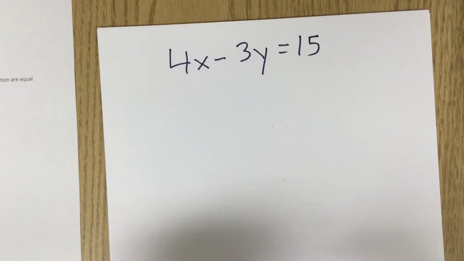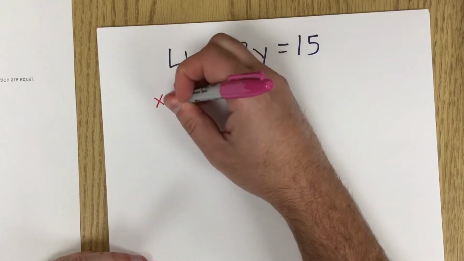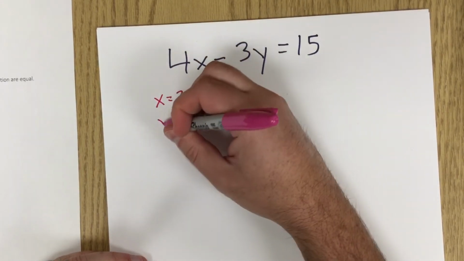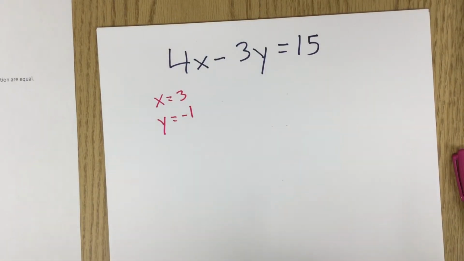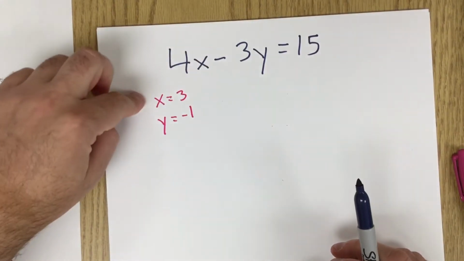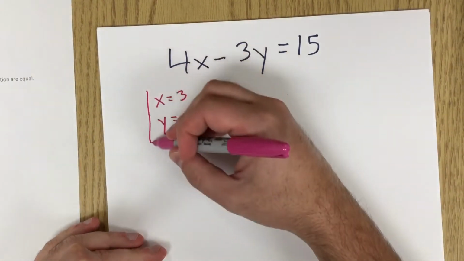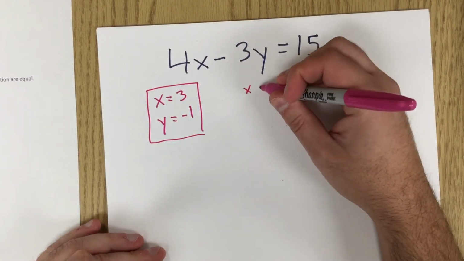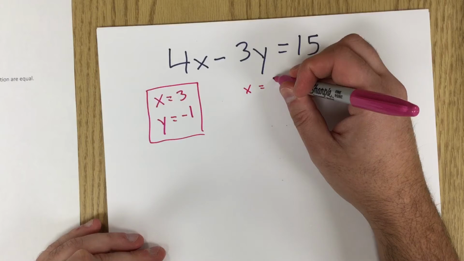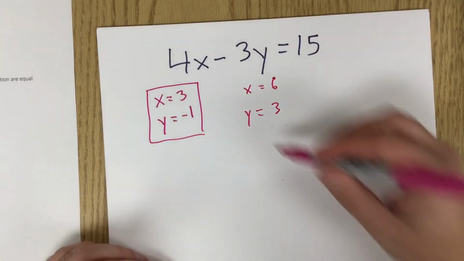So for example, some solutions may be 3 and negative 1 might be a solution. 4 times 3 is 12, negative 3 times negative 1 is 3, 12 plus 3 is 15. Maybe I should have started with an easier one. Let's do 6 and 3. That would be another solution.